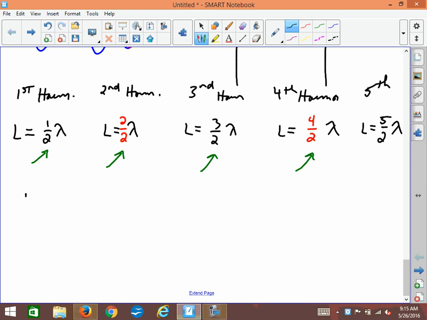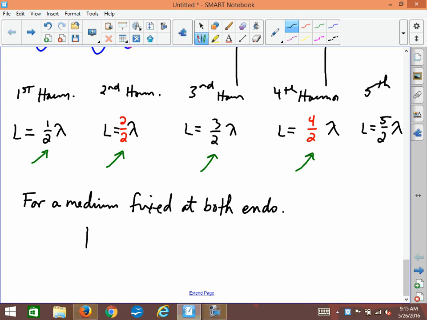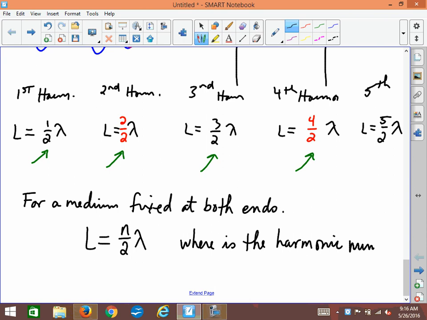So, as a summary, for a vibrating medium fixed at both ends, and that's important because it's going to be different when we change that up, fixed at both ends, there's a relationship between the length of the string and n/2 lambda, where n is the harmonic number, and it's an integer. It's always 1, 2, 3, 4, 5.